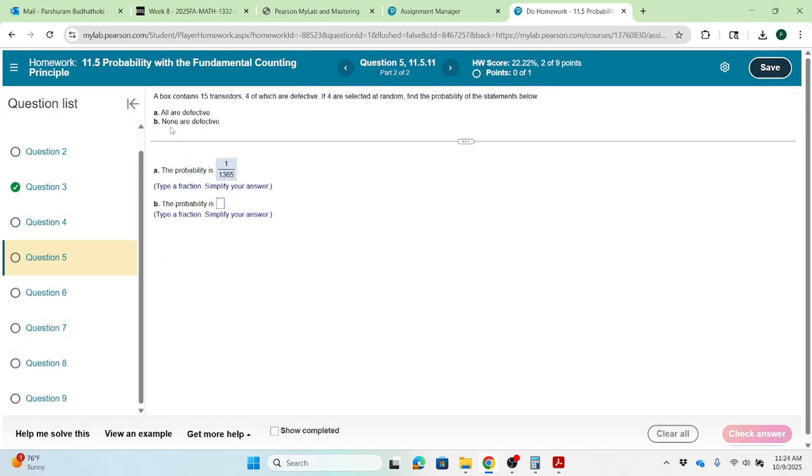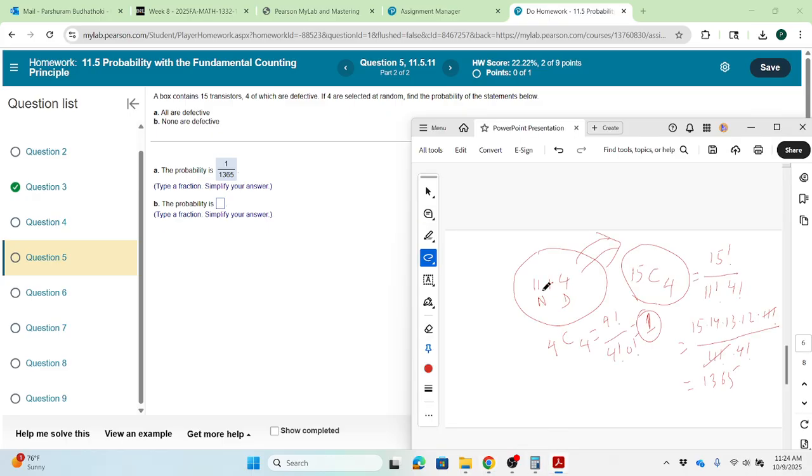And what about none are defective? If you go back here, how many different ways can we choose 4 non-defective out of 11? That is what we need to find out. So 4 non-defective out of 11 can be chosen using this formula, which is 11 factorial divided by 11 minus 4, which is 7 factorial, times 4 factorial.